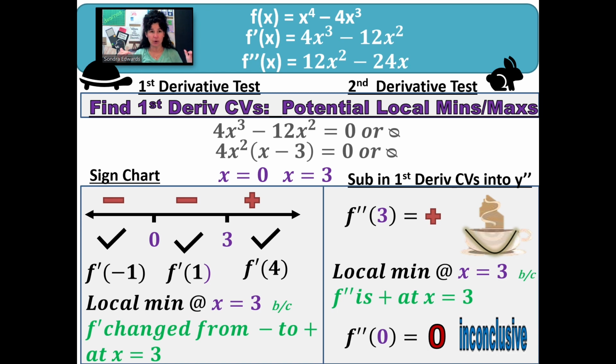So in general, the equation you're working with is not as complicated. So substituting numbers into a second derivative equation algebraically is usually a little bit easier, which is another reason why the second derivative test can be considered a little faster. Okay, but either way, first derivative test always works, and second derivative test is a little faster but does not always work. As you see right here, it was inconclusive.